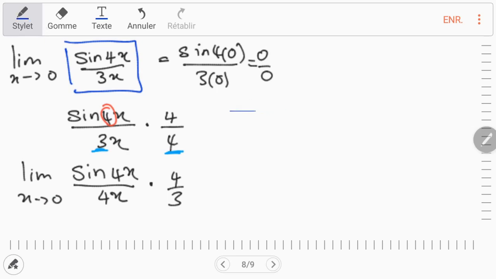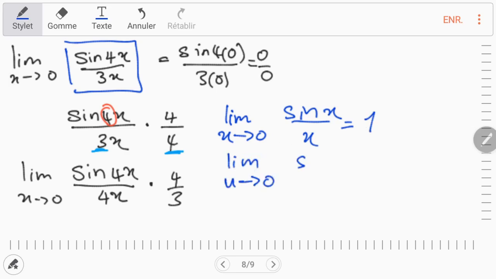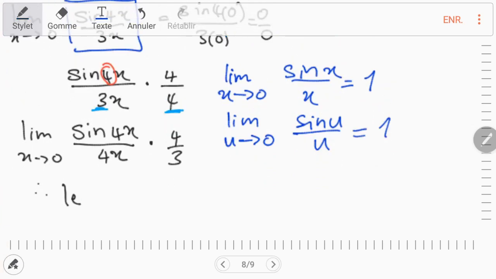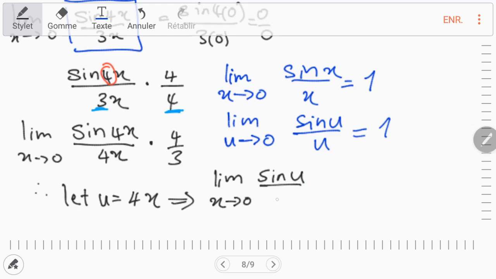Knowing that the limit as x approaches 0 of sine x all over x equals 1, the same as the limit as u approaches 0 of sine u all over u equals 1. Therefore, let u equal 4x. We obtain the limit as x approaches 0 of sine u all over u times 4 all over 3.